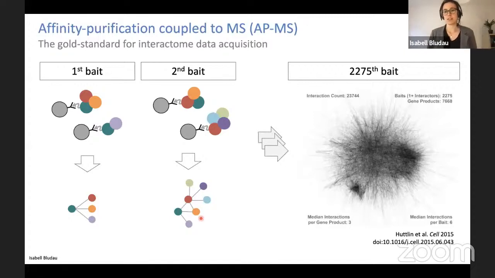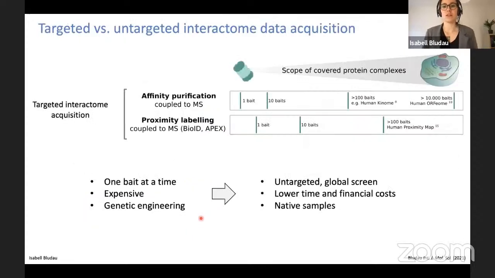And here you can see the interactome hairball of more than 2,000 baits already. So what I wanted to show you with this first slide is that AP-MS actually requires a lot of individual experiments to get a whole interactome. So you can look at AP-MS as a targeted interactome acquisition strategy.